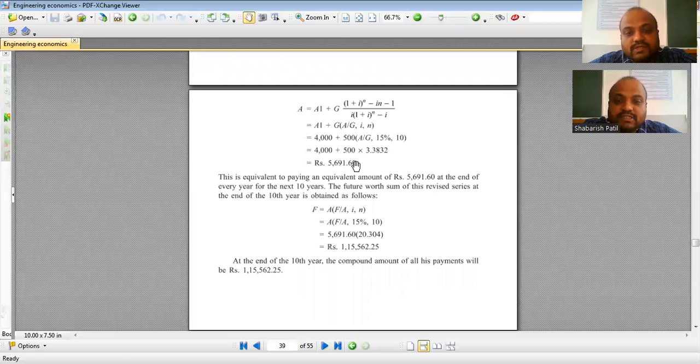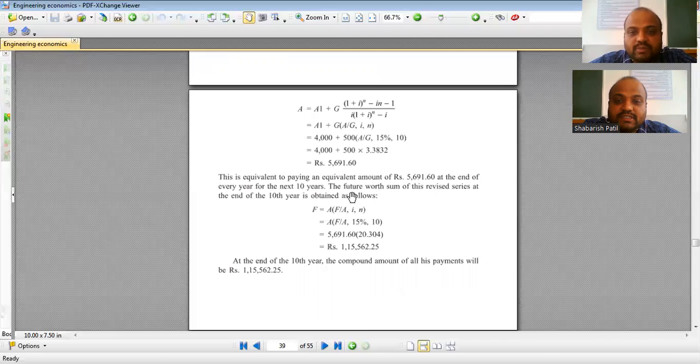This amount is being considered as the annuity at the end of every period here. So this is my A value. Then the future worth. What I have now is the annuities at the end of every period.